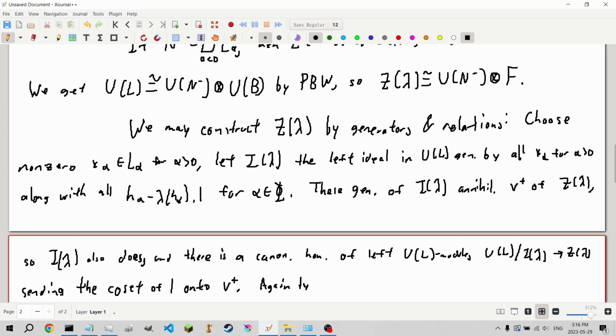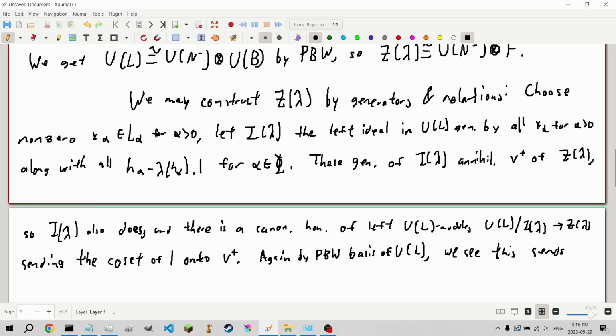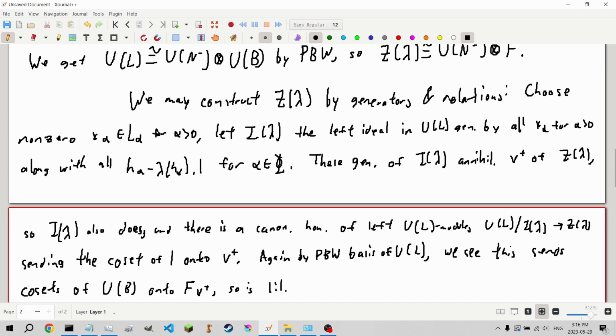Again, by the Poincare-Birkhoff-Witt theorem generating the basis of U of L, we see this map sends cosets of the universal algebra of B onto F of V plus, so is 1 to 1.